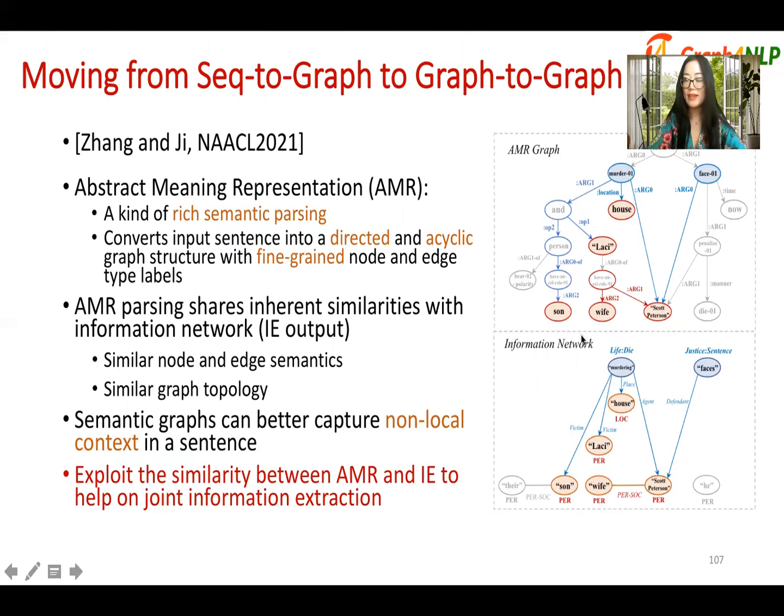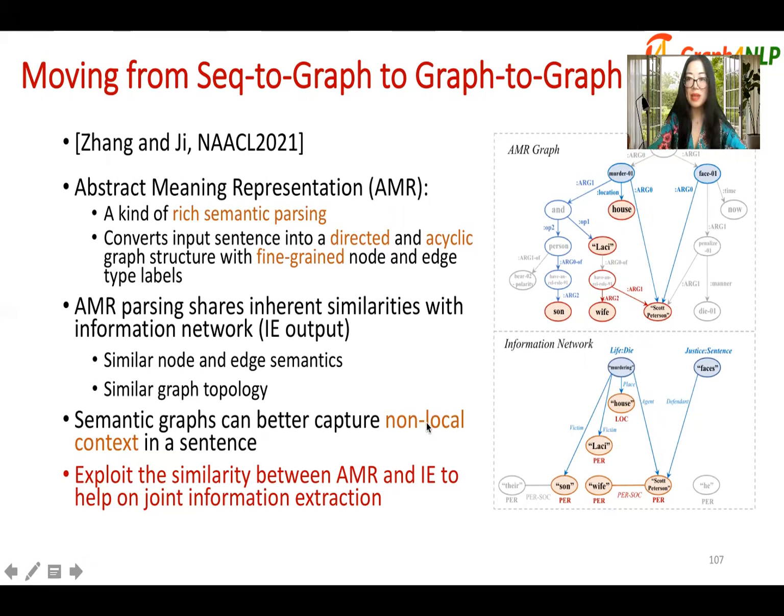They look more like a superset of IE graph. So our task naturally becomes, how can we identify the important subset of nodes and edges from AMR graph that match the target ontology? For example, if we're looking for an attack event, a murder event from this sentence, then these highlighted nodes in the AMR graph should appear in the final IE graph.